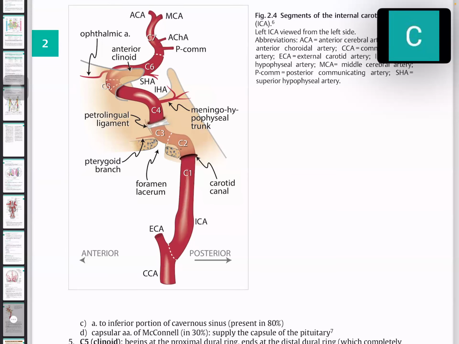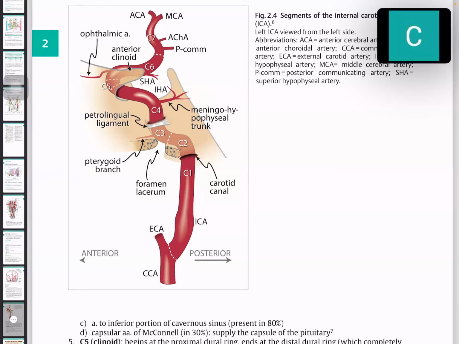We have C1, which represents the cervical segment, which is next to the vagus nerve, the internal jugular vein and the sympathetic nerves.